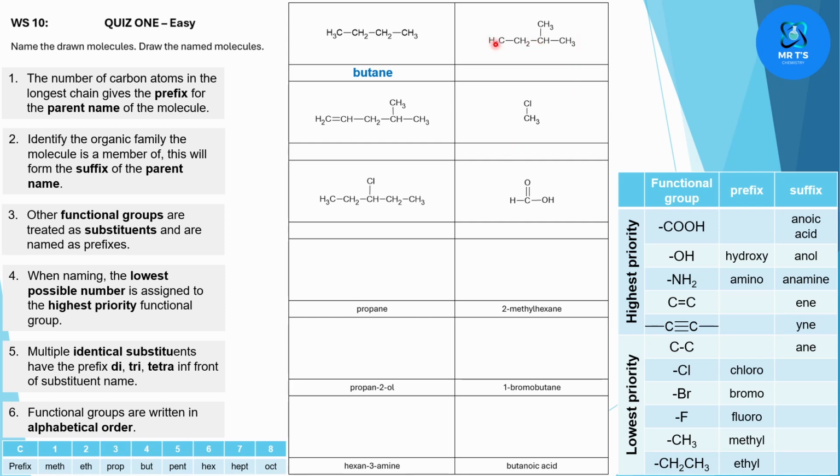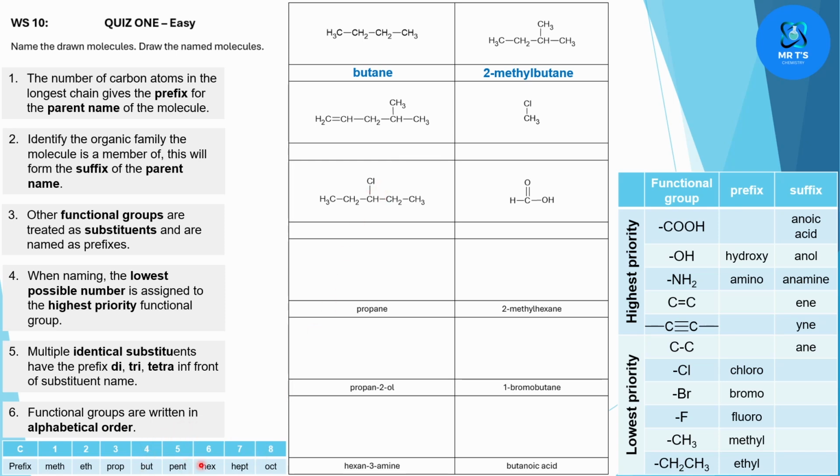So we are going to call this butane, but we have the substituent coming off the second carbon. Now remember, we number the carbons from the right so that the substituent or the functional group has the smallest possible number. This is going to be called 2-methylbutane.